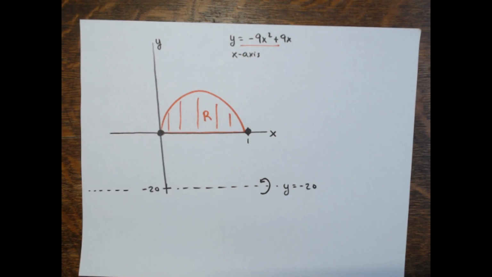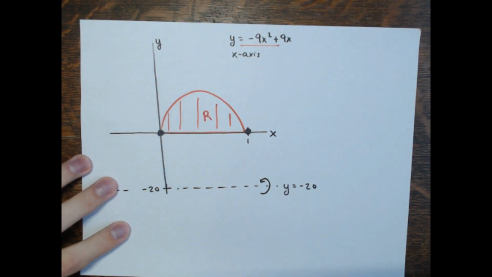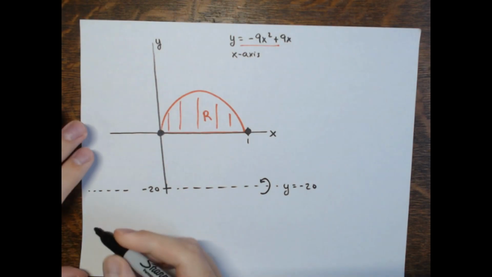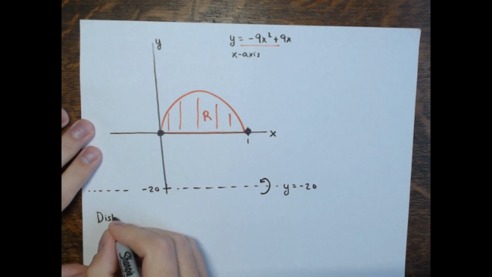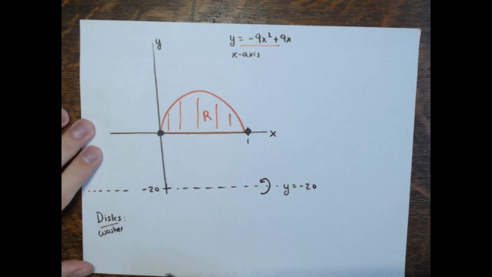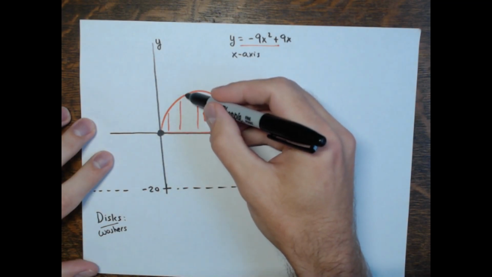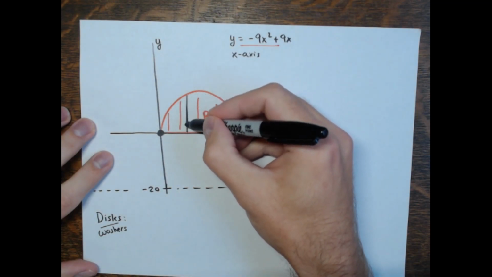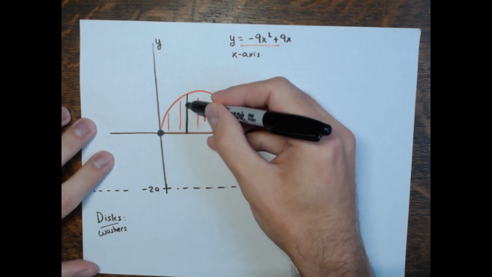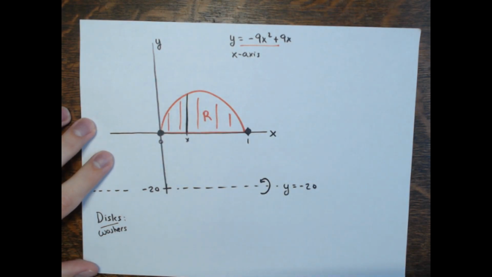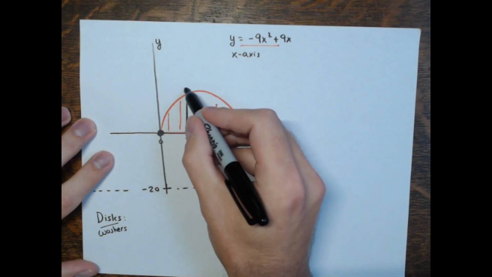So this time if I do disks, it's actually going to create washers. Remember, washers are just big disks with little disks cut out of them. So I'll do disks first. Well, actually they'll be washers, but again, a washer is just a disk with a disk behind it. So disk slash washers. I take a slice perpendicular to the line I'm rotating around, for some x value, with a thickness of dx.